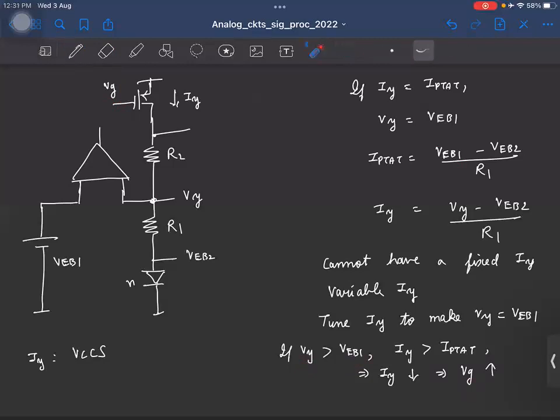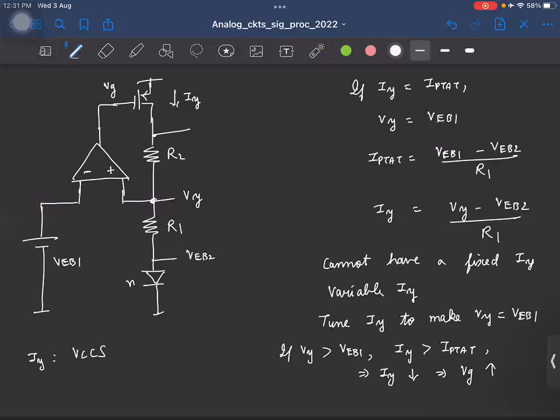So this is Vy, this is VEB1. Now can you tell me which should be the positive and which should be the negative sign for the op amp? Right is positive, left is negative, right? Because now if Vy is greater than VEB1, this voltage will increase, right? So I can go and directly connect it like this.